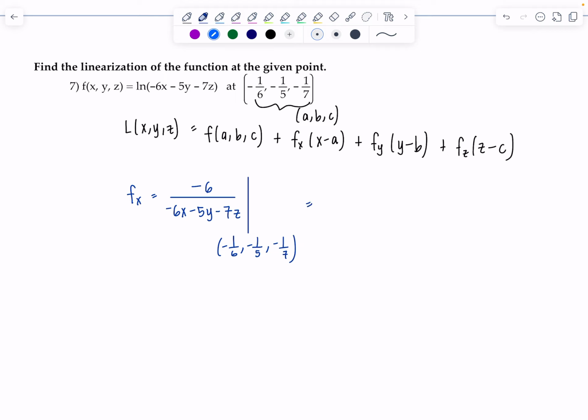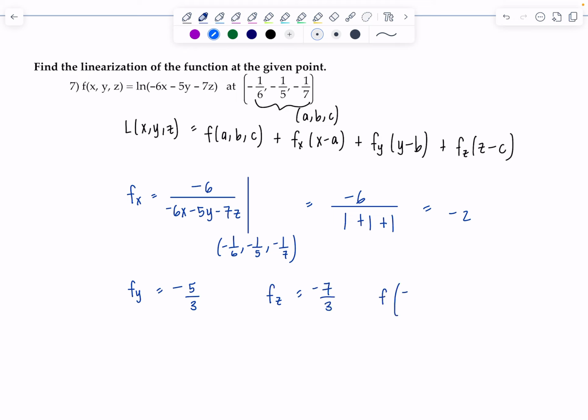So this is going to be -6 over 1 plus 1 plus 1. So this is -6 divided by 3, so -2. Similarly, partial with respect to y is -5/3, and then partial with respect to z, evaluated at the point, is -7/3.